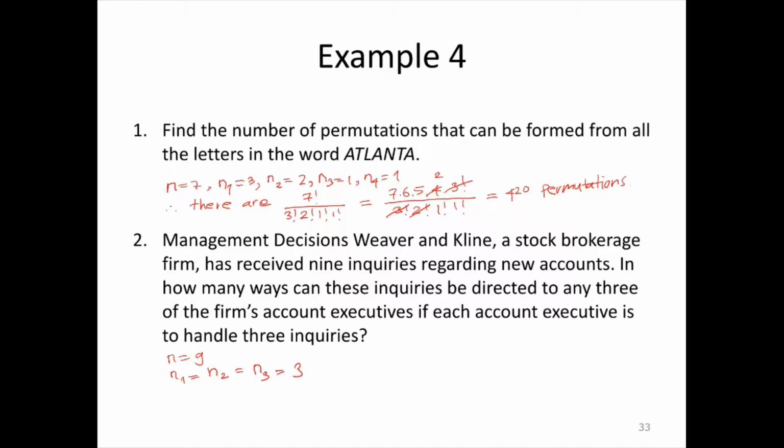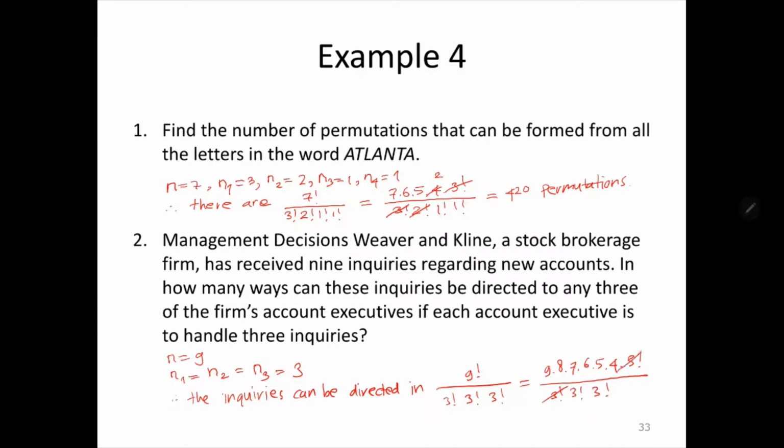So here the inquiries can be directed in how many ways? 9 factorial over 3 factorial over 3 factorial over 3 factorial, which is just what? 9 times 8 times 7 times 6 times 5 times 4 times 3 factorial over 3 factorial, 3 factorial, 3 factorial.